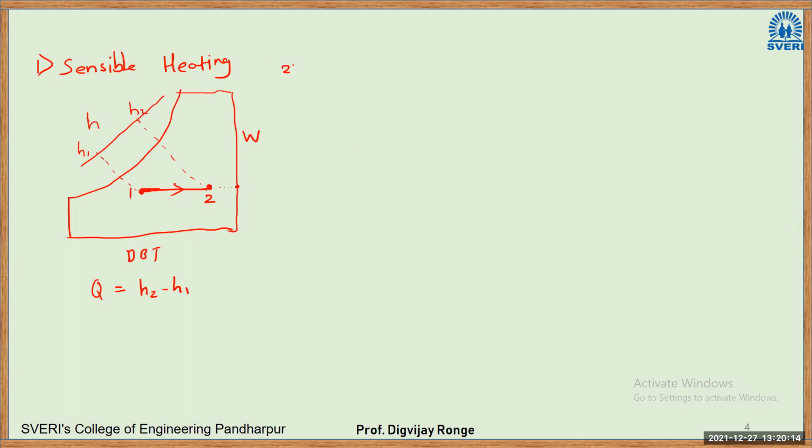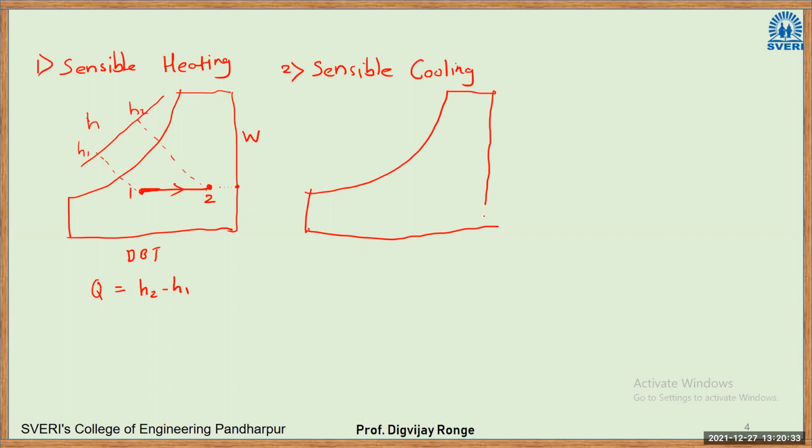Next phenomenon here we have sensible cooling. Sensible cooling, as you might have guessed already, we are only reducing temperature. There is no phase change. Okay, so this will be again like this. So there will be abscissa, then there will be saturation curve, right?